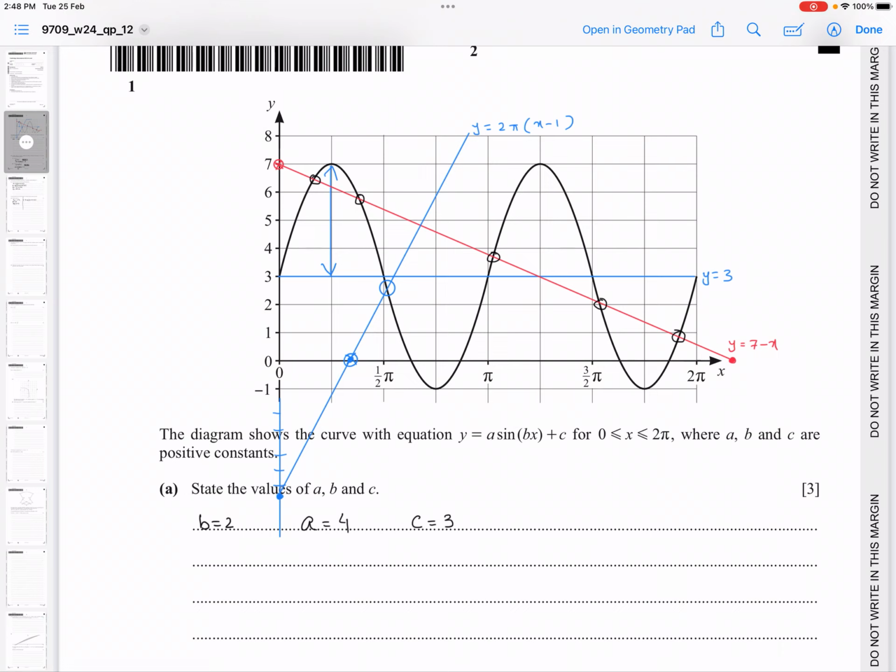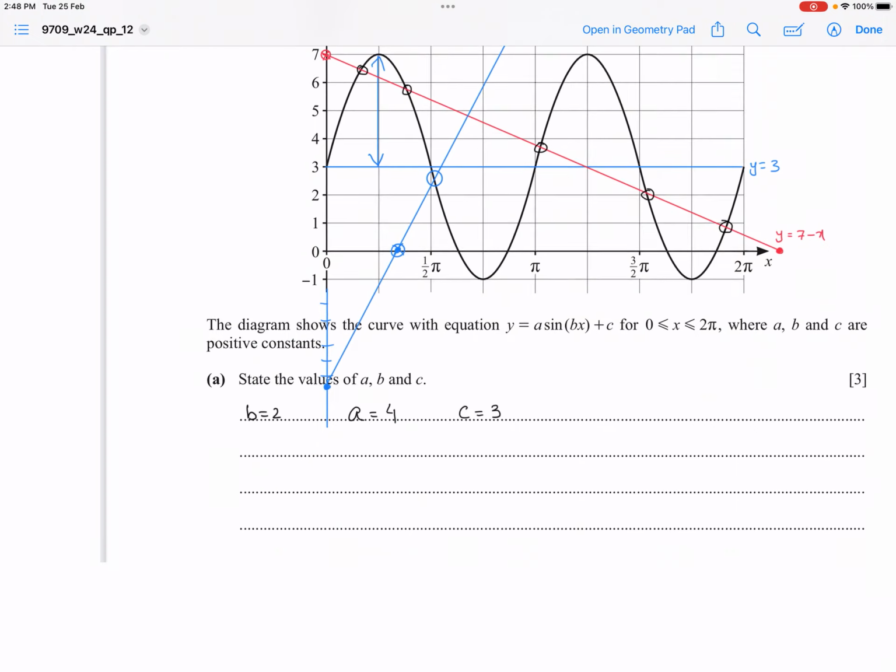There are 4 units from 3 up, because the curve goes up to 7. So a equals 4. C is equal to the baseline about which the graph is symmetrical, so c is equal to 3. That's how part A finishes.